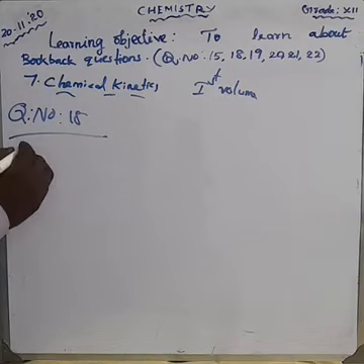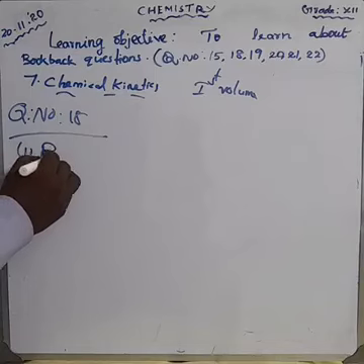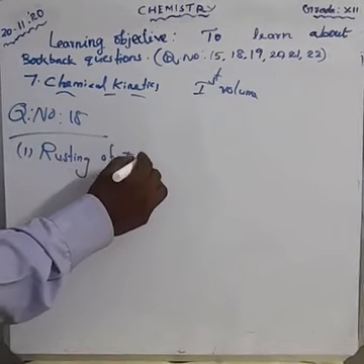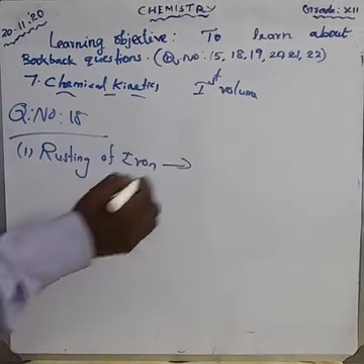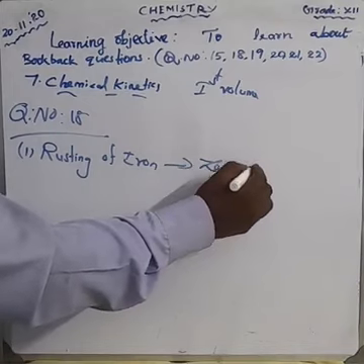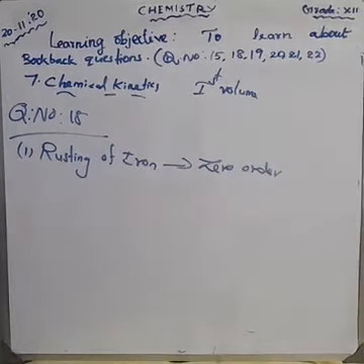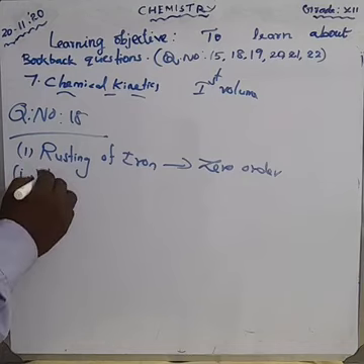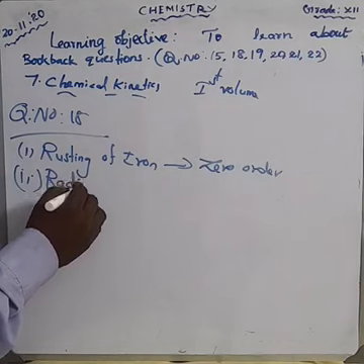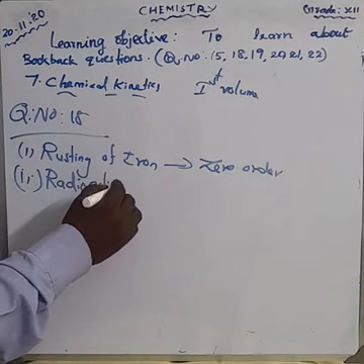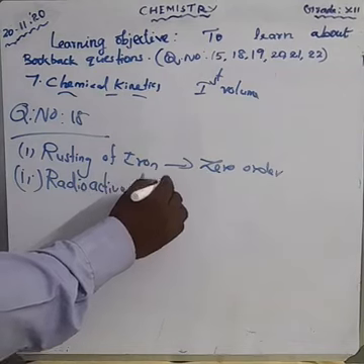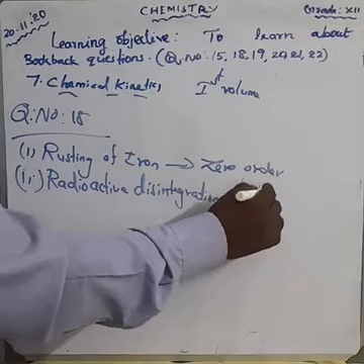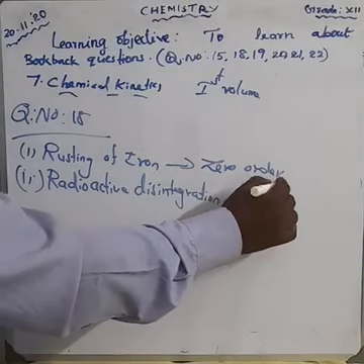First one, rusting of iron. It is a zero order reaction. Second one, radioactive disintegration of uranium 92 238.